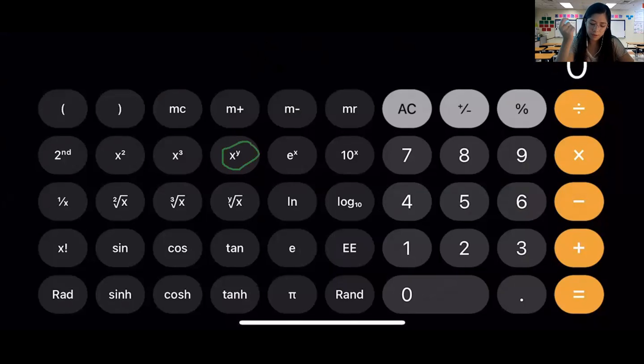I'm going to do 1.11, then hit the x to the power of y button. Sometimes my phone just doesn't connect very well, so it's going a little slowly. There we go. 1.11, then you hit the XY button, and after that you can hit 30 and then hit enter.